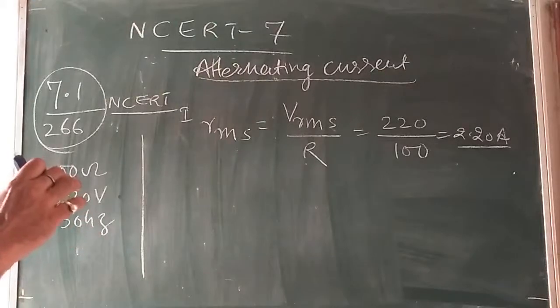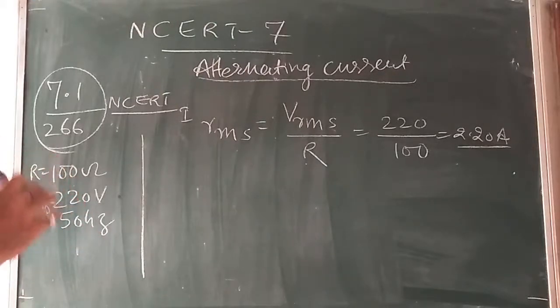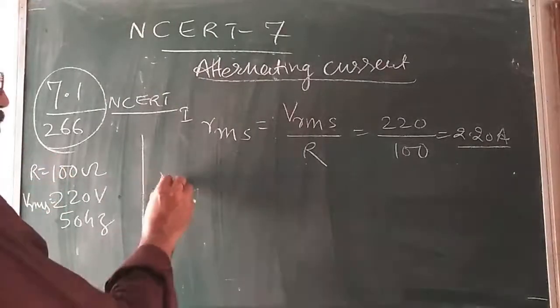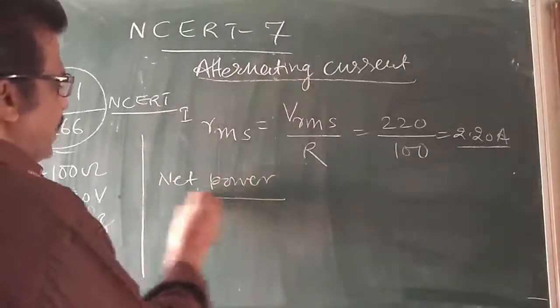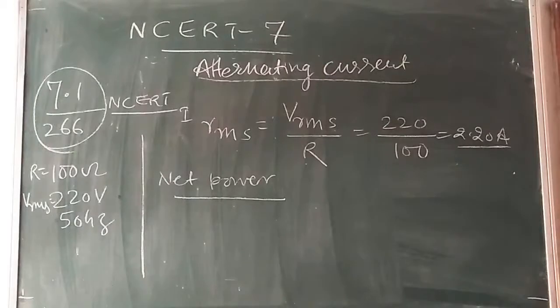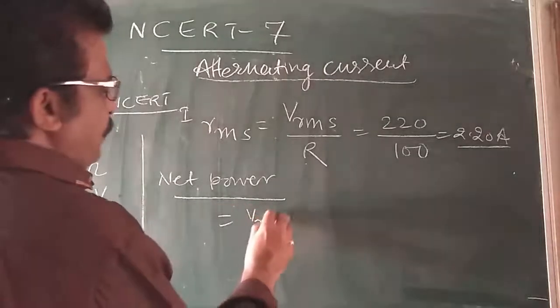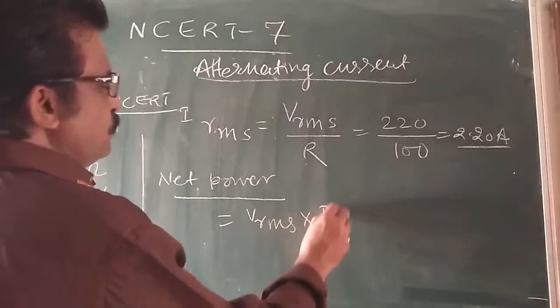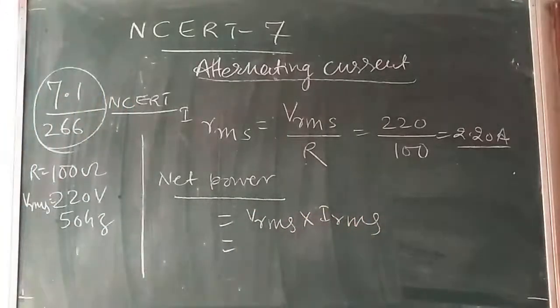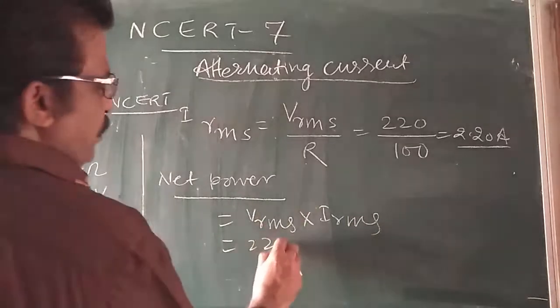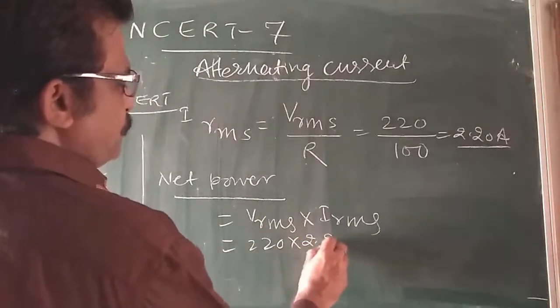The second one is, what is the net power consumed over a full cycle? So we know that our formula for the power is Vrms into Irms. So we can write here Vrms, that is 220, and Irms, that is 2.20.